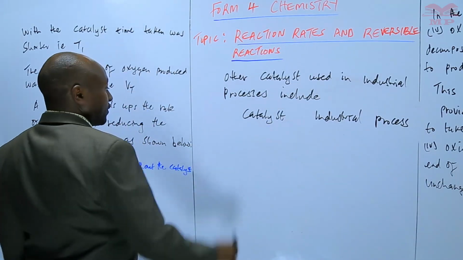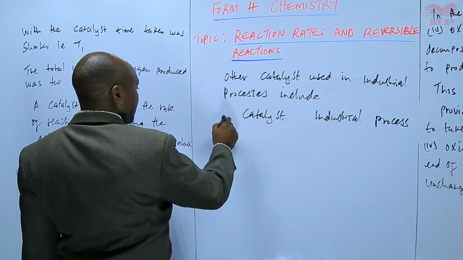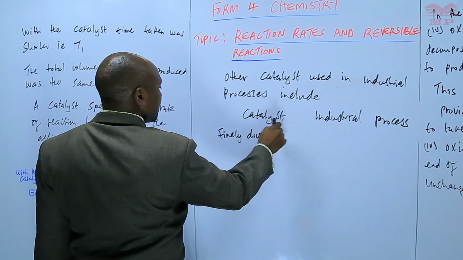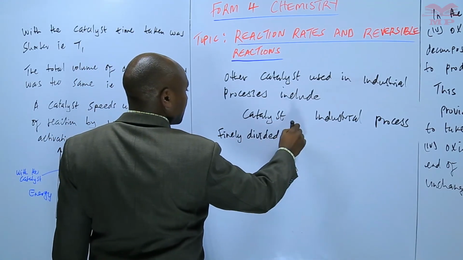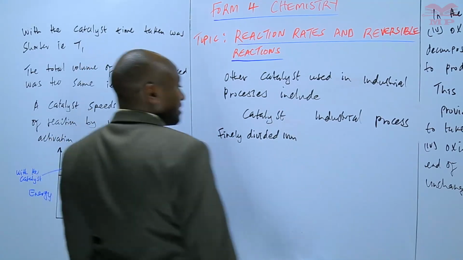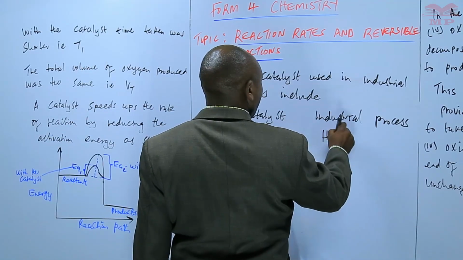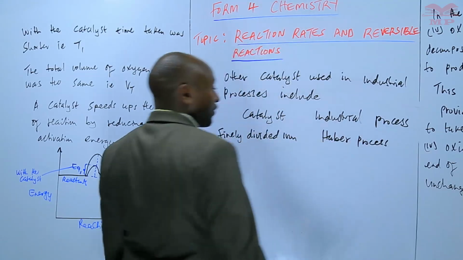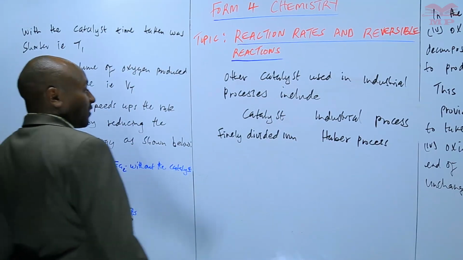So we use finely divided iron as the catalyst in the Haber process for manufacture of ammonia.